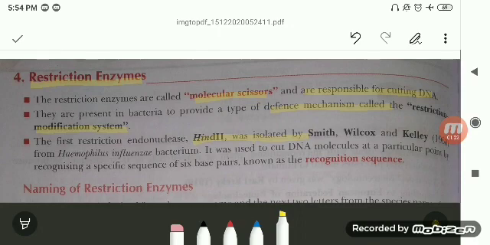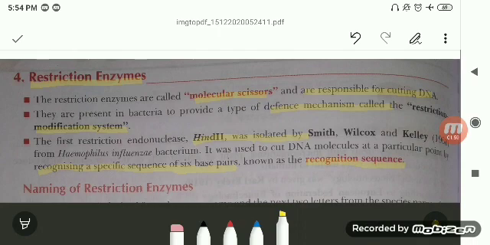It was used to cut the DNA molecule at a particular point by recognizing a specific sequence of 6 base pairs, such as A, T, G, C, C and so on, known as the recognition sequence. So what is the recognition sequence? It is a particular point which has a specific sequence of 6 base pairs.